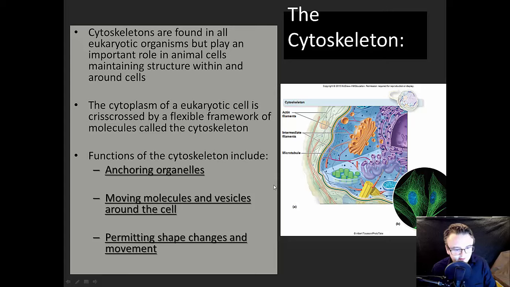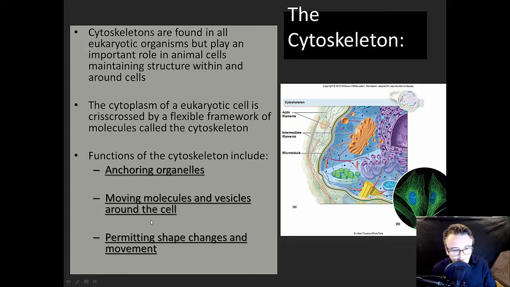Now, a little bit more specifically, the cytoplasm can function in addition to anchoring the organelles. So inside, these organelles can actually be positioned and even moved using the cytoskeletal features as both an anchoring mechanism and then sometimes also as kind of like a pulley system to move them around the cell.